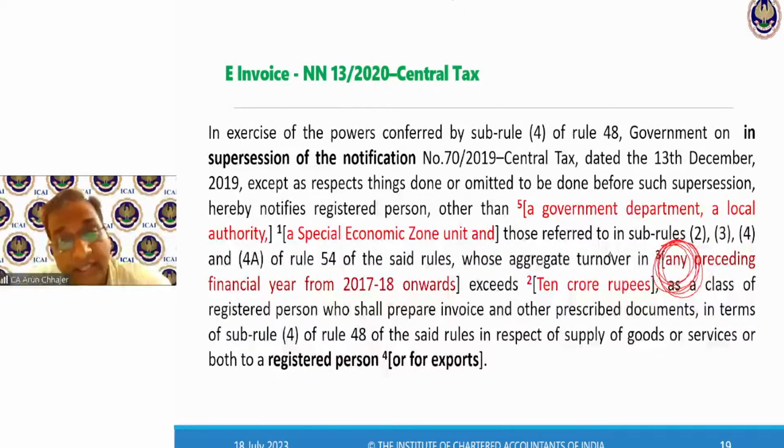Meaning thereby, if your turnover exceeds the prescribed limit in any of the years, you will fall under e-invoice for the lifetime. किसी भी एक साल में अगर आपकी लिमिट एक्सीड कर जाती है फ्रॉम द प्रिस्क्राइब्ड लिमिट, इन दैट केस आप हमेशा ई-इनवॉइस बनाएंगे फॉर द एंटायर लाइफ.